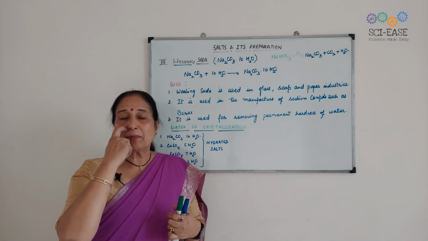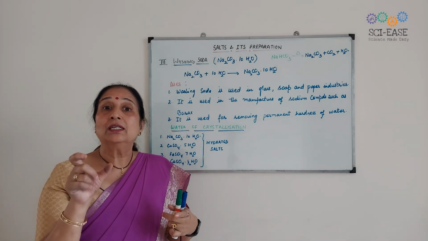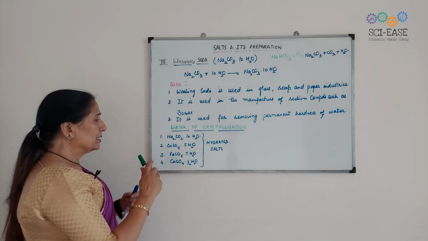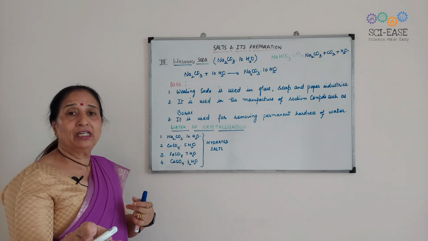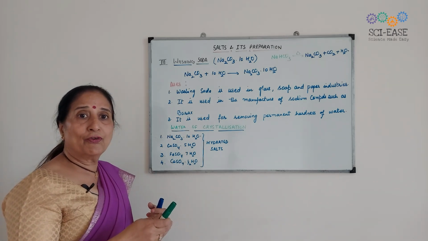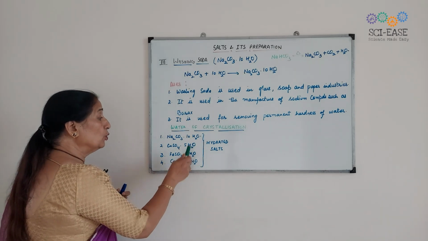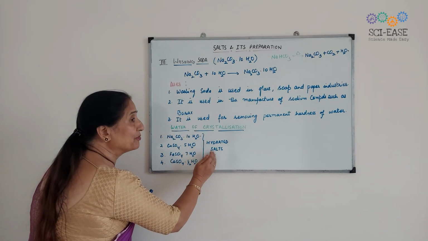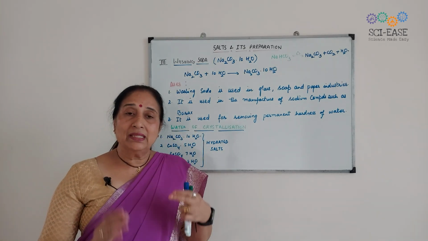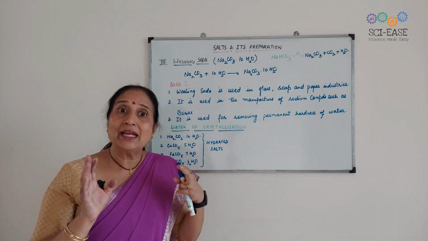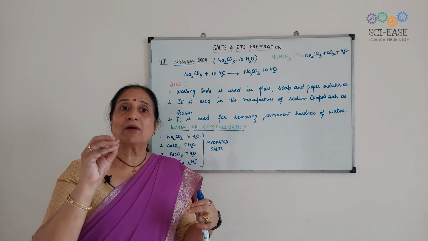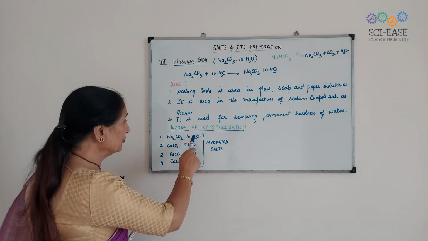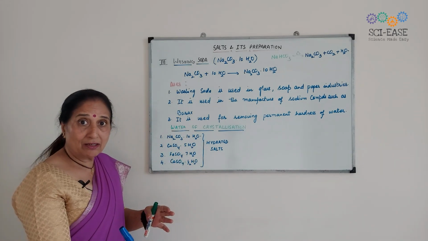I will explain the preparation and uses of plaster of Paris. So CaSO4 half H2O. There are many other salts. Gypsum we will do, that is CaSO4 2H2O. All these salts are known as the hydrated salts. They have some water molecules attached to them, and the number of water molecules is definite for each salt.